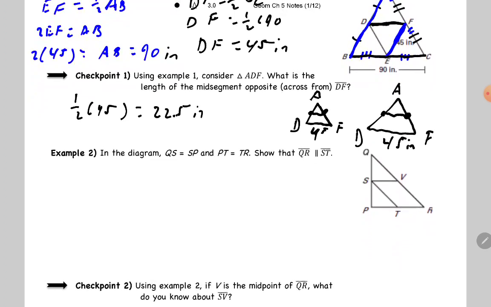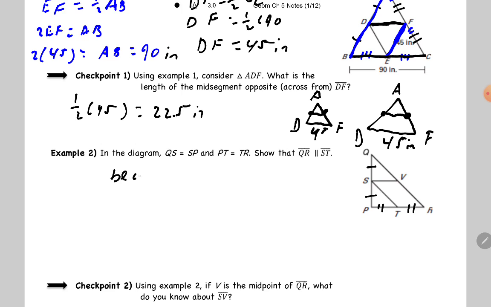All right, in the diagram, QS is equal to SP, and PT is congruent to TR. Show that QR is parallel to ST. Okay?